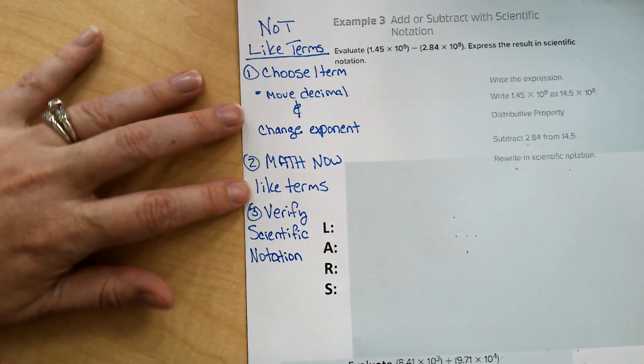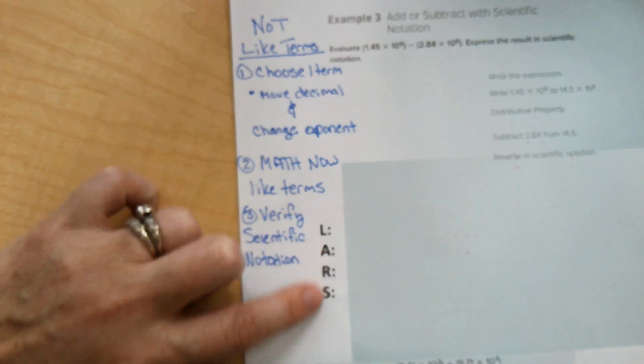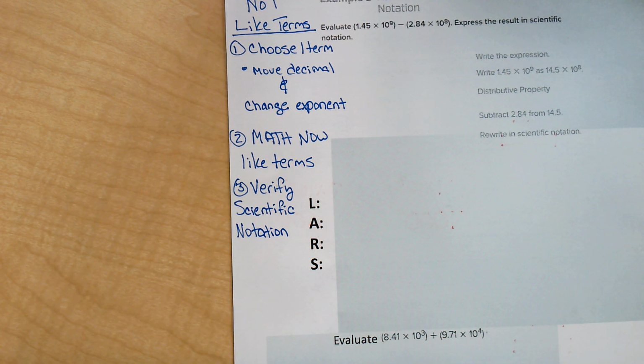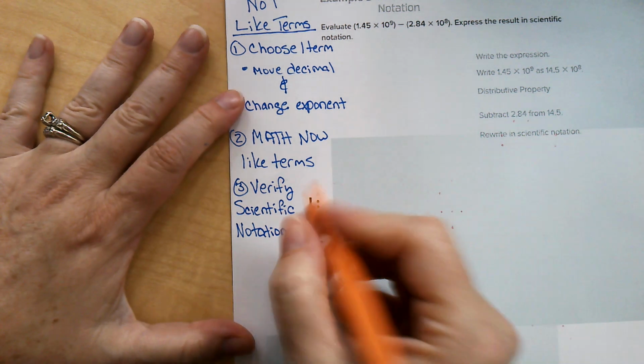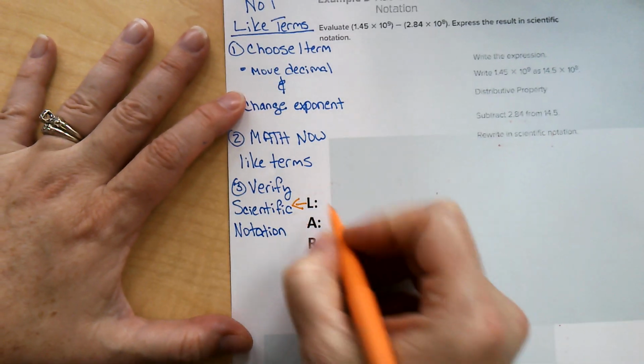So the next set of our notes that we're going to fill out is LARS, L-A-R-S. All right, we're going to fill that middle section out, and then we'll be able to do our math. So L. L means left. Okay, left.